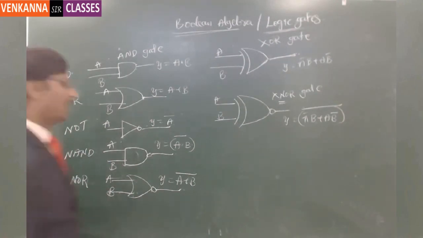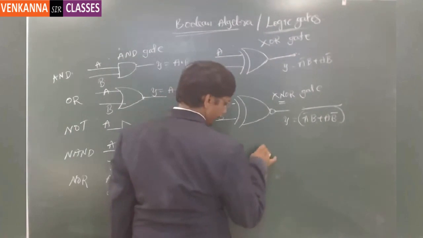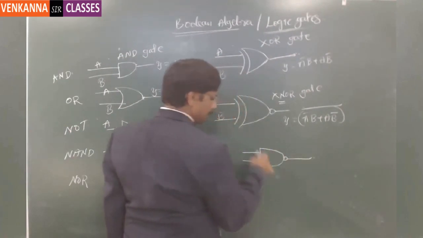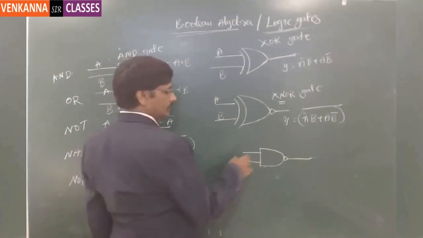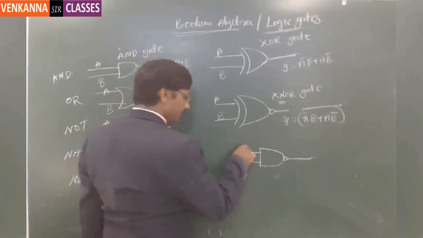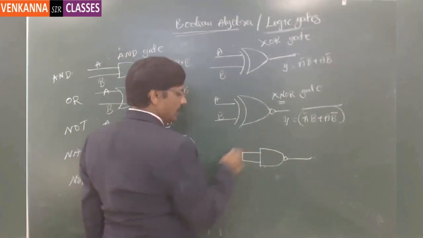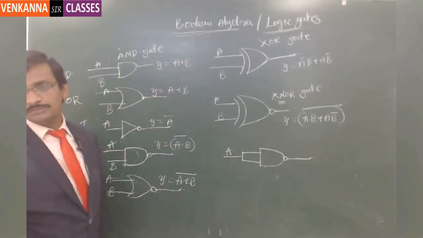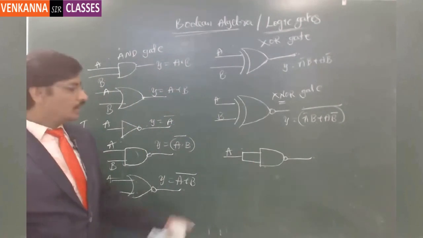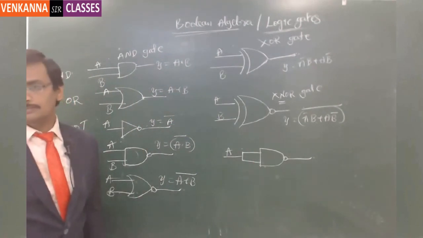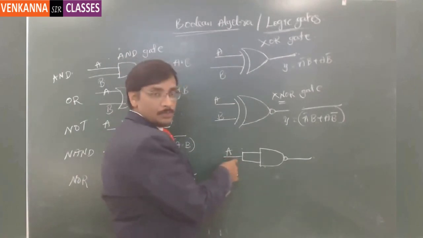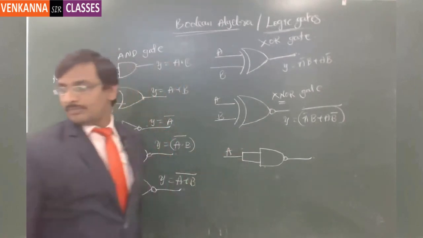Now I will give you one circuit. See this, this is the NAND gate. What I have done is connected these two inputs and given an input of A. What should be its output? Or draw the truth table of it. What is the truth table if I give a single input to the NAND gate?